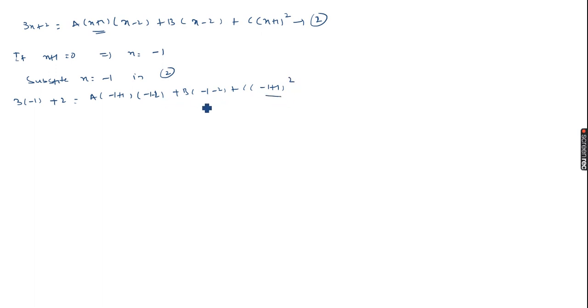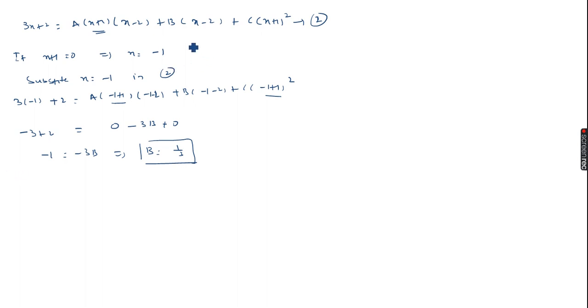That is, minus 1 plus 1 becomes 0. This is minus 3 plus 2, so this is 0 minus 3b plus 0. So we get minus 1 equal to minus 3b. From that b is equal to 1 by 3.